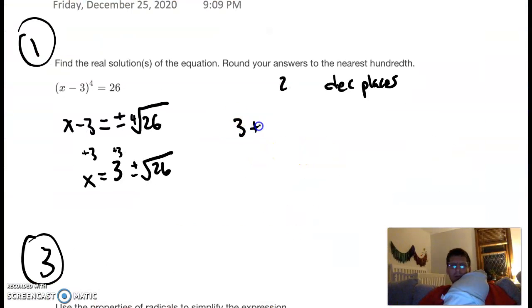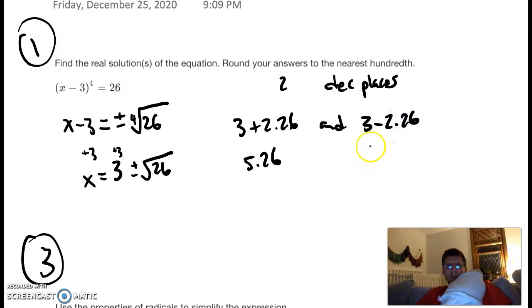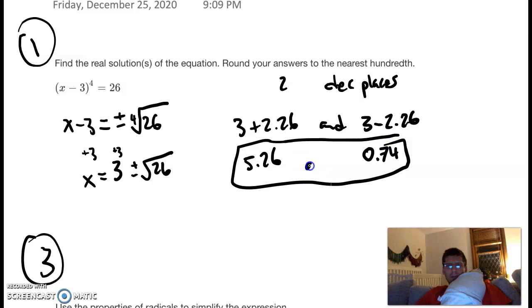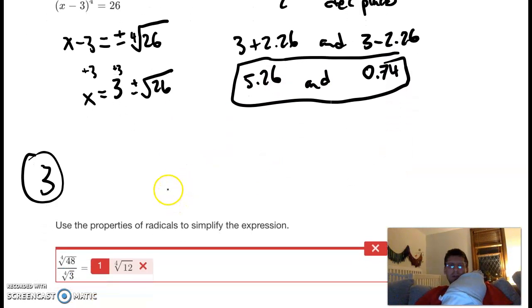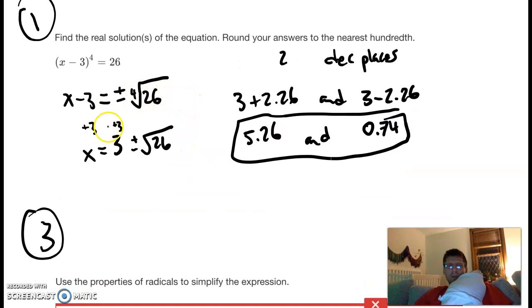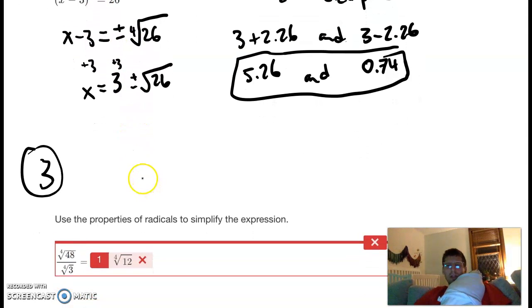So 3 plus 2.26 would give me 5.26, and 3 minus 2.26 would give me 0.74. Those would be my 2 x values. So remember, anytime you're solving by taking an even root, you need to consider positive and negative possibilities.